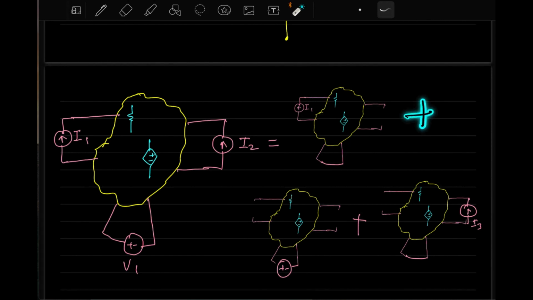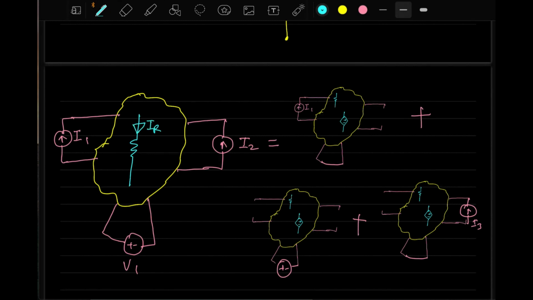Then you do the analysis, and in analysis what I am trying to say is, let me be specifically clear about that. If you have a resistor somewhere in the circuit, and you want to calculate the current in this resistor, what will that be?